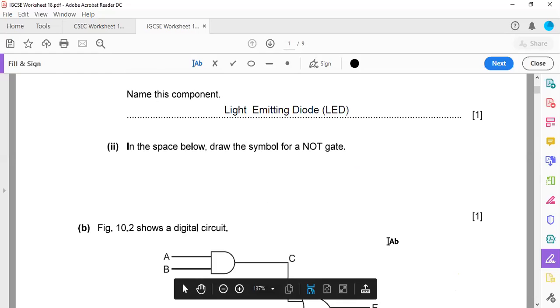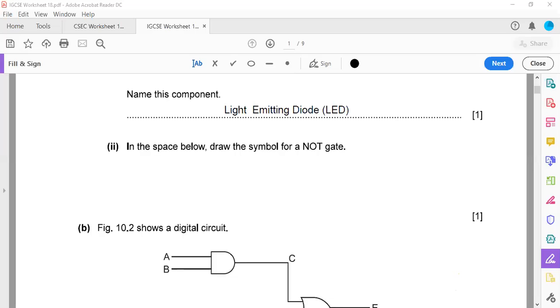Well, I cannot draw a NOT gate here. However, I could show you what the NOT gate is, and you could complete it. Your NOT gate would look like this.